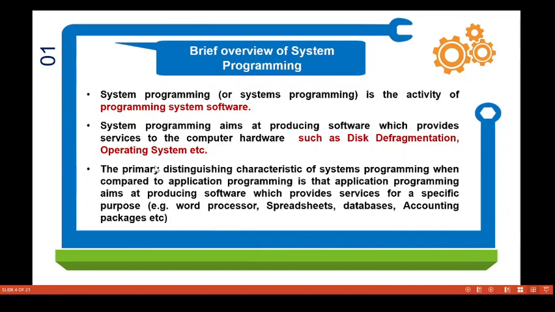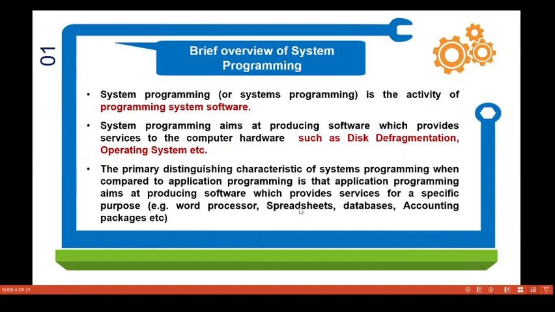The primary distinguishing characteristic of system programming when compared to application programming is that application programming aims at producing software which provides services for a specific purpose. For example, word processors such as Microsoft Word, Notepad, WordPad, WordPro, and so on.